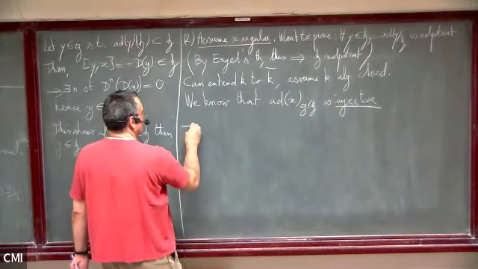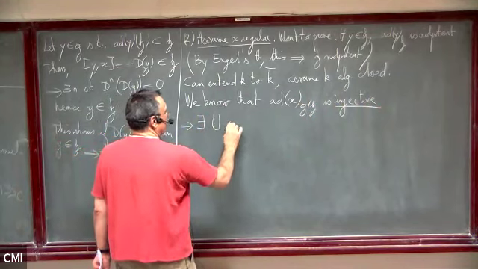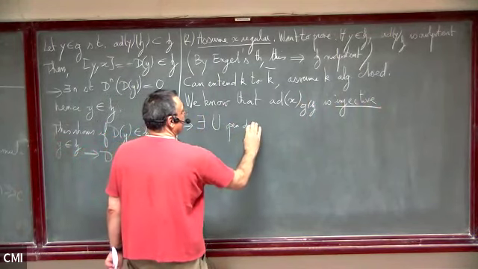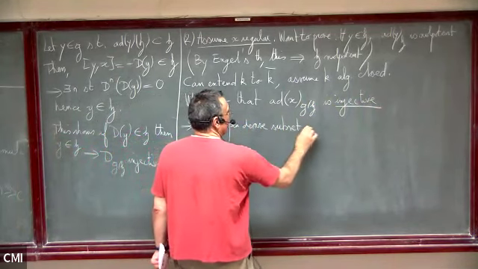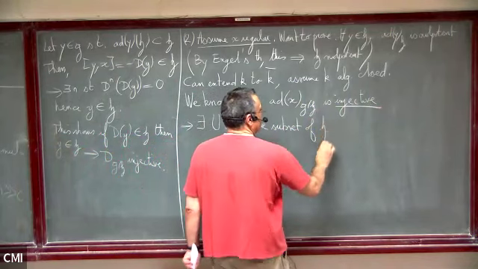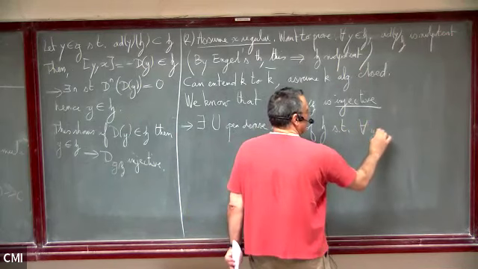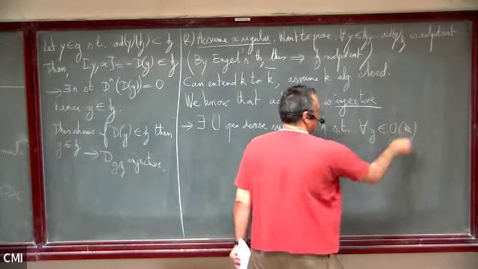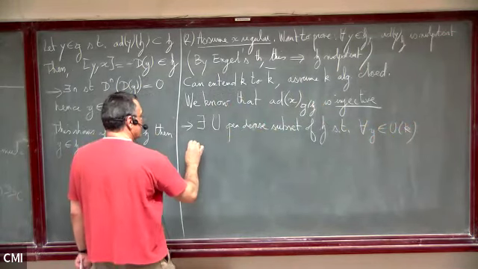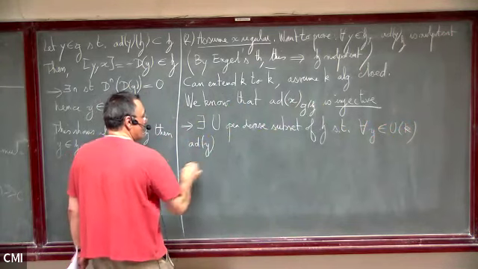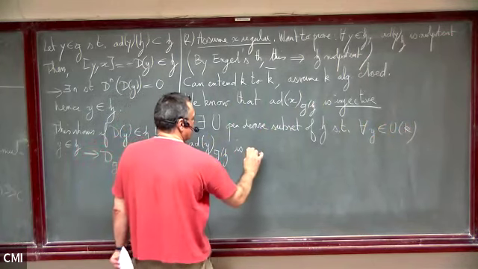And therefore, there exists U, an open dense subset of H such that for any y in this set, this one is injective.